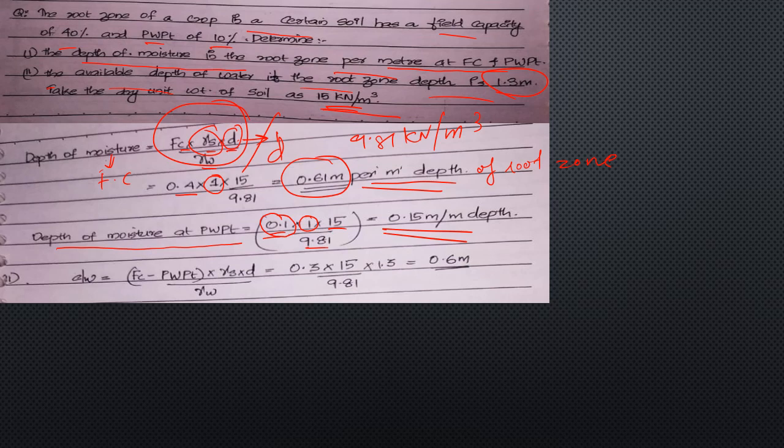And for the second part, you have to find out the available depth of water. So root zone depth is 1.3, and the available water equals FC minus PWP, that is 40 minus 10, equal to 30%.